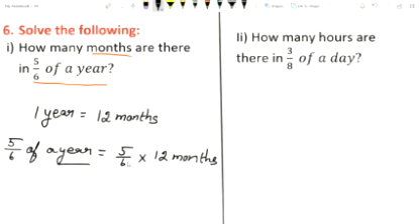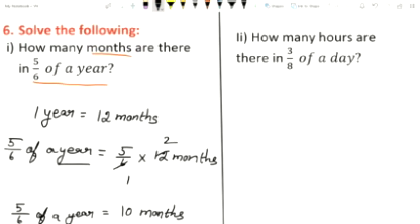6 1s are 6, 6 2s are 12. Now we multiply this, 5 2s are 10. So 10 months. So 5 by 6 of a year equals 10 months.